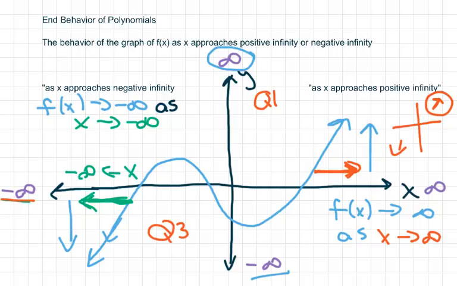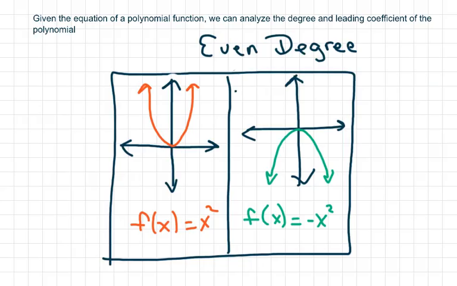Now, we have the power functions we're going to look at of even degree. Anything of even degree, like y equals x squared, y equals x to the 4th, y equals x to the 6th, will have the same end behavior.